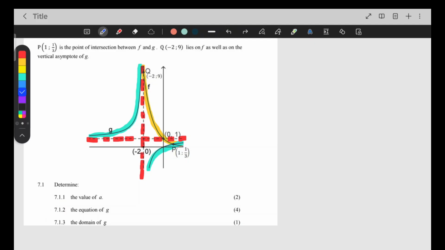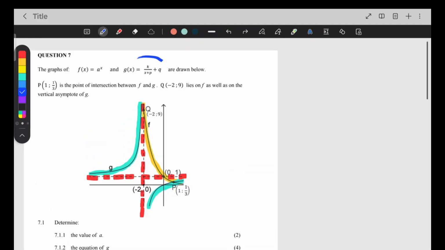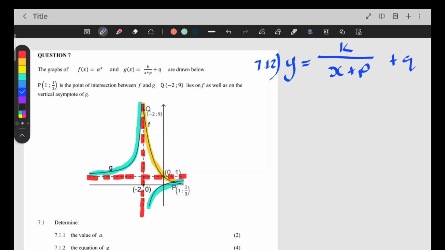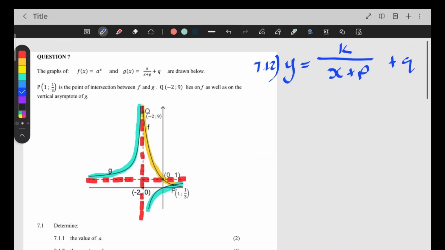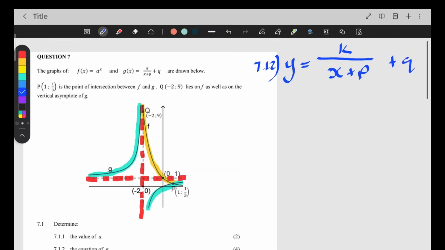Our next question is 7.1.2. Determine the equation of g. So g is the hyperbola. So let's write it down. 7.1.2. This is k over x plus p plus q. So to find the equation of the hyperbola, you first have to fill in your asymptotes. So our vertical asymptote, so this line here, you see this point, it's where x is negative 2. So there is also the negative 2.